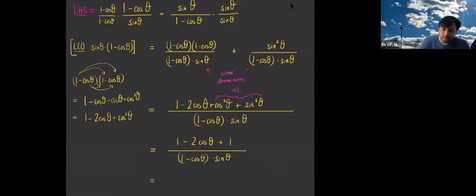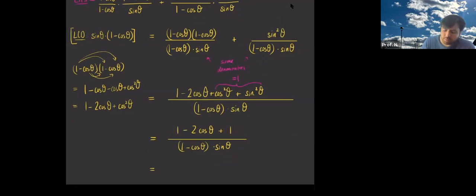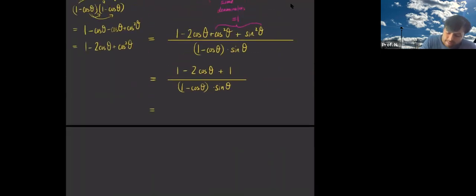And then I know that I can combine 1 with 1. 1 plus 1 equals 2. 2 minus 2 cosine theta over 1 minus cosine theta multiplied by sine theta. And then what else do I see? Wait a minute, I got 2 minus 2 cosine theta, and I got 1 minus cosine theta.